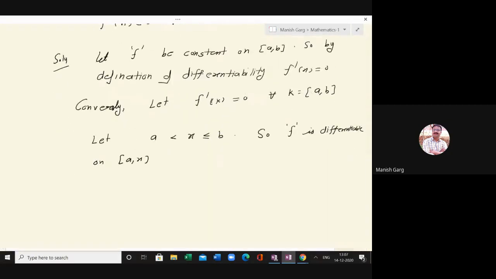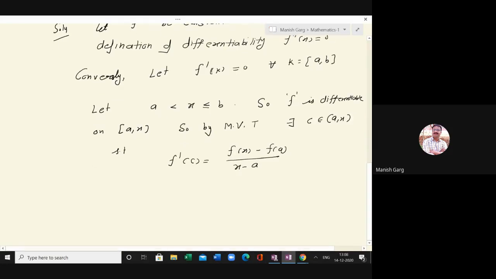So x is a point between A and B. So by mean value theorem, there exists a point C between A and X such that f dash C is equal to fx minus fa over x minus a.